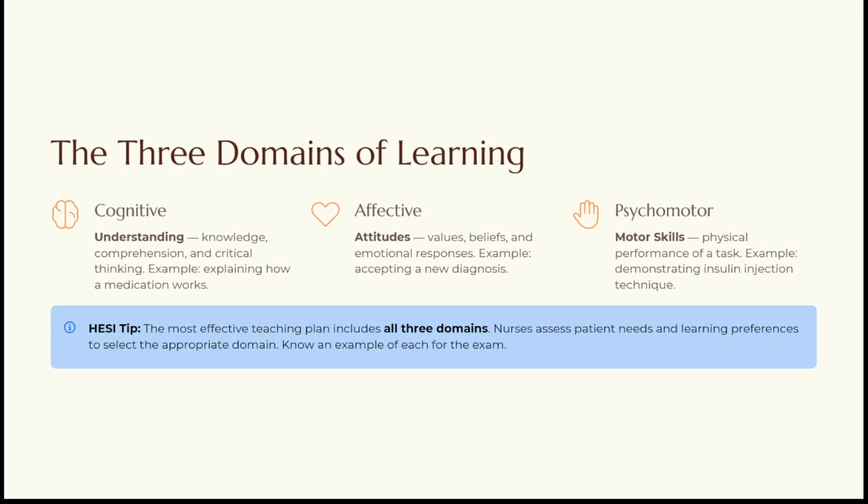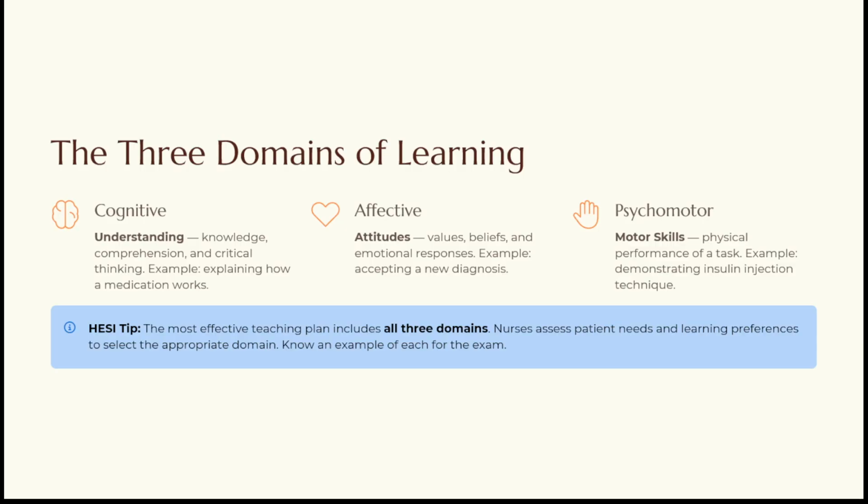This involves feelings, emotions, attitudes, beliefs, and values. Patients may intellectually understand information, but emotionally struggle to accept it. For example, a patient newly diagnosed with cancer may understand the treatment plan cognitively, but still feel fearful, angry, or overwhelmed emotionally.